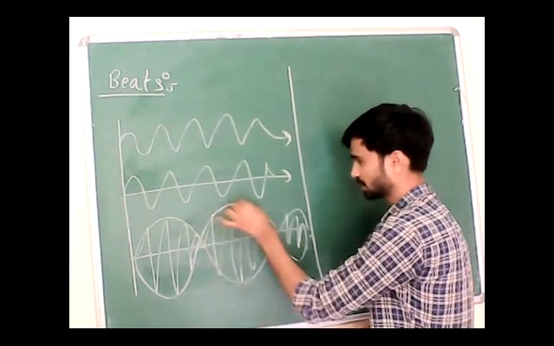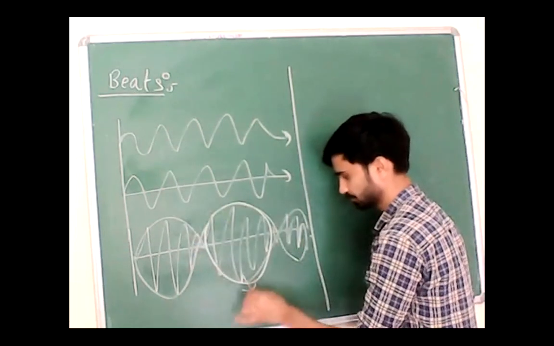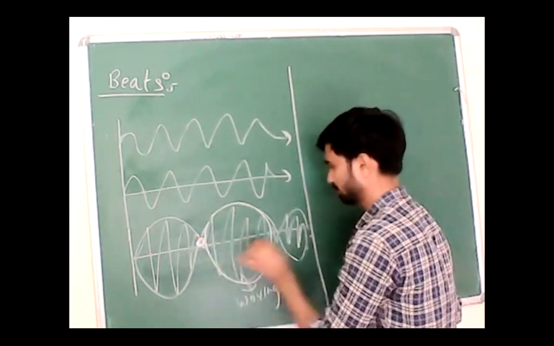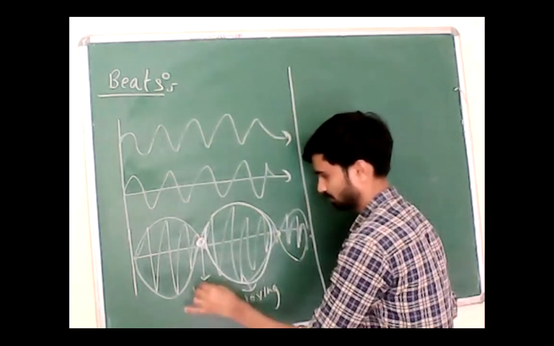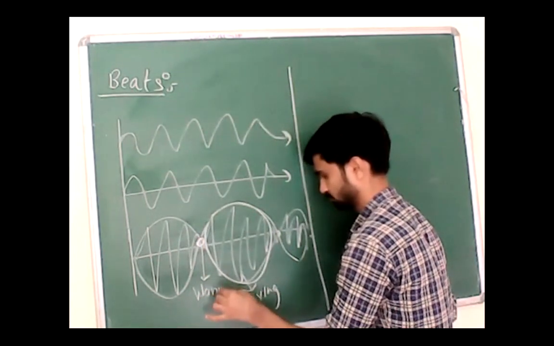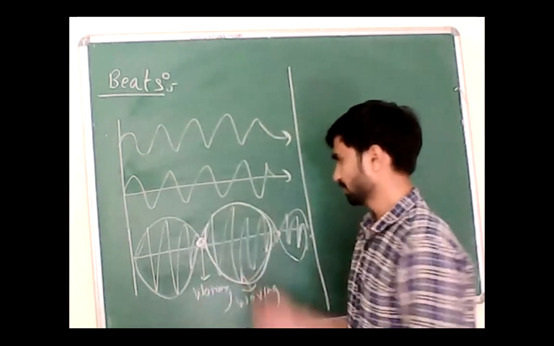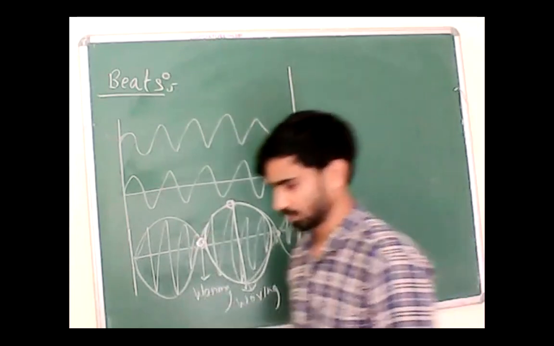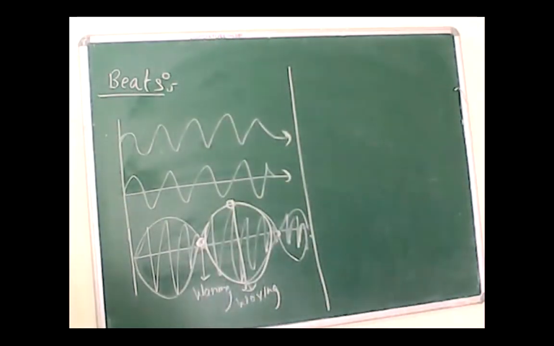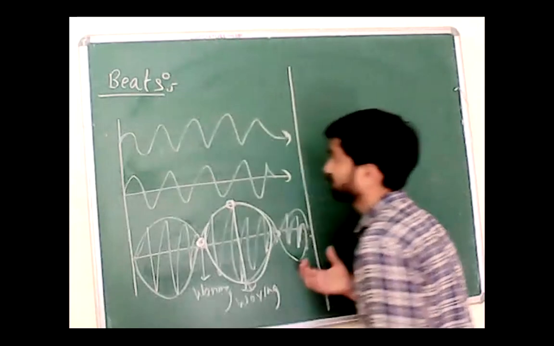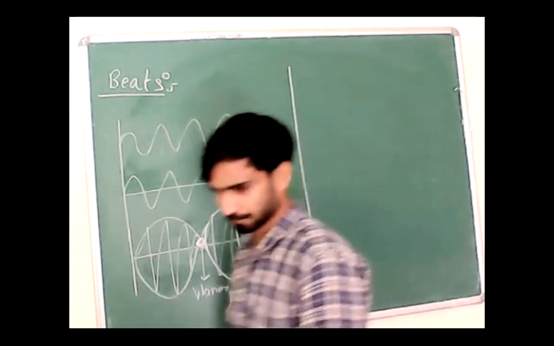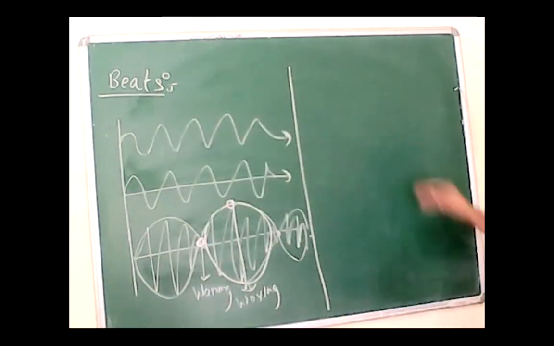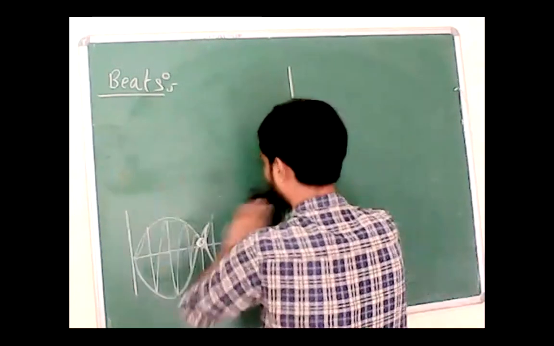These are called waxing, and these points are called waning. Waxing means maximum amplitude, and waning means minimum amplitude. To define this, we are going to use mathematical expressions to write the equation of frequency of beats.